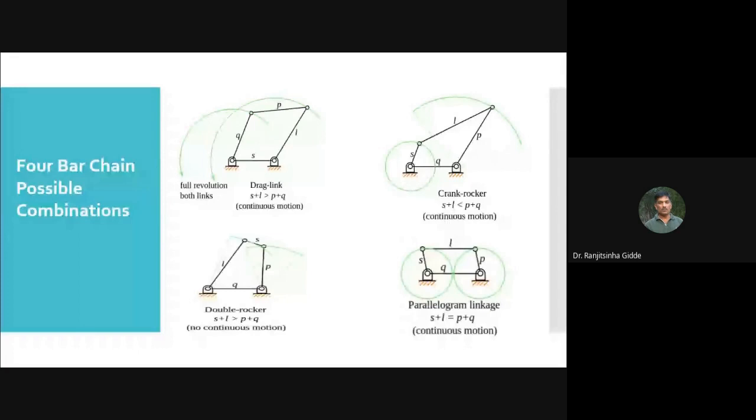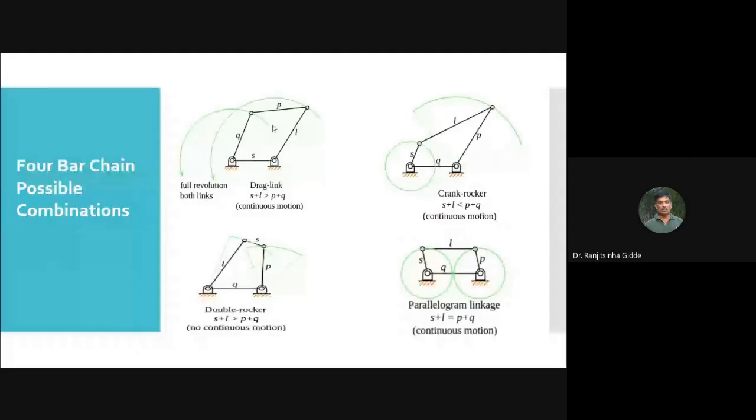Now, to have continuous motion, here S plus L, the length of the shortest link plus the length of the longest link, should be less than the lengths of the remaining two, that means P and Q. Then we can have continuous motion.